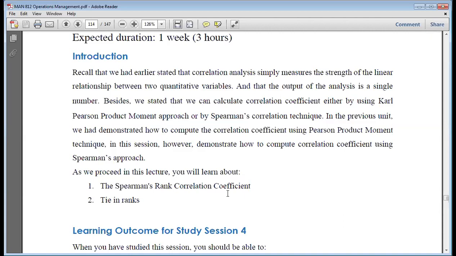Maybe you are using a 5-point Likert scale: strongly agree, agree, disagree, strongly disagree.